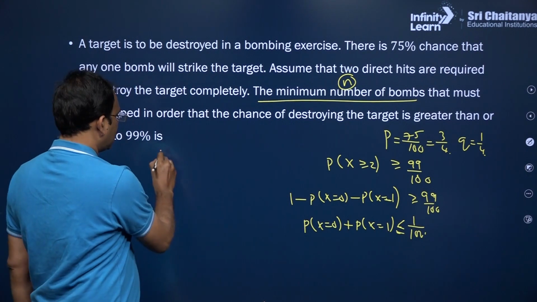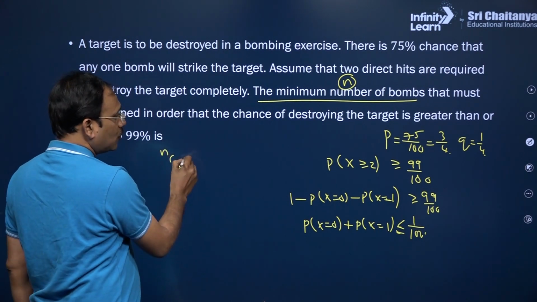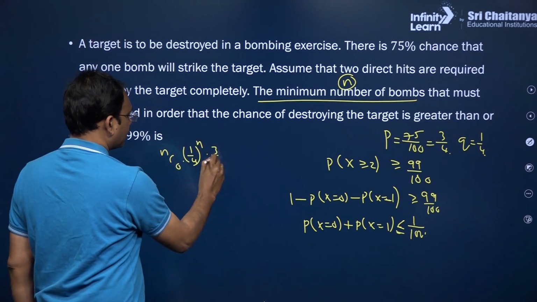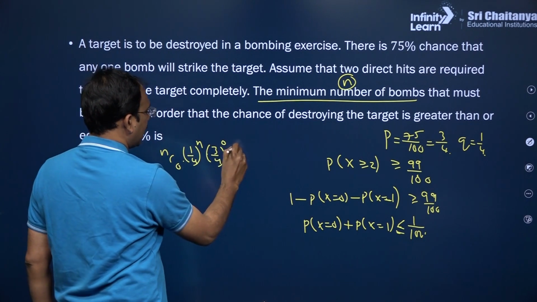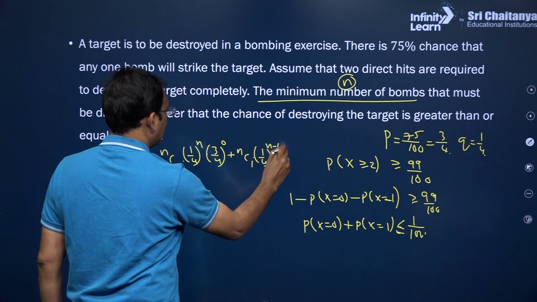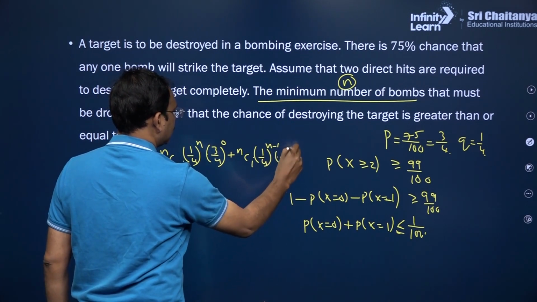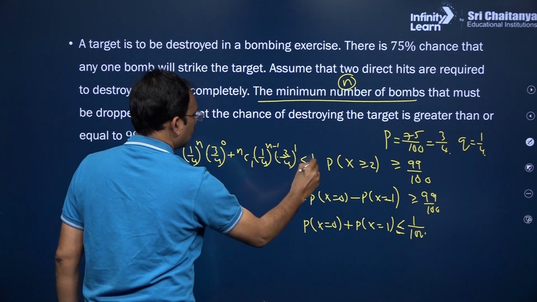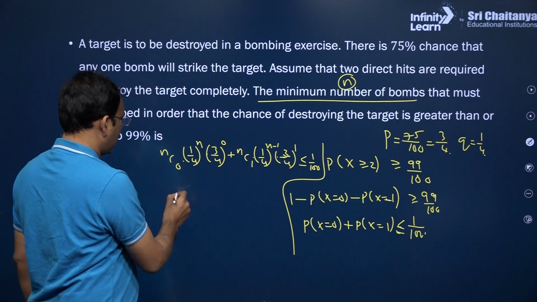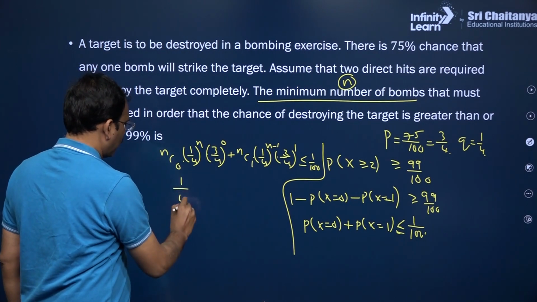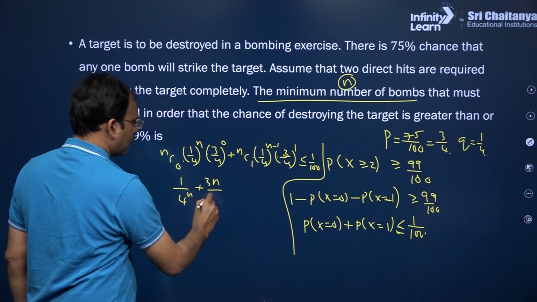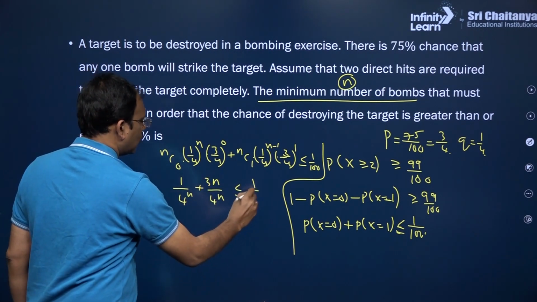P(x=0) means nC0 q to the power of n minus 0 into p to the power of 0, plus nC1 into q to the power of n minus 1 into p to the power of 1. This must be less than or equal to 1 by 100. Then, my dear friend, it is a simple equation. This is 1 by 4 power n, and this is n times 3 by 4 power n, less than or equal to 1 by 100.